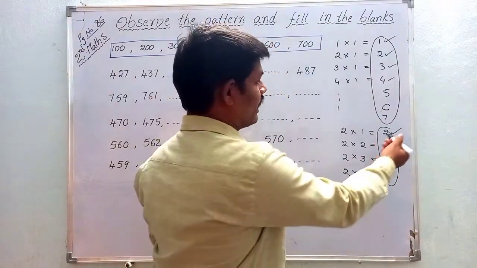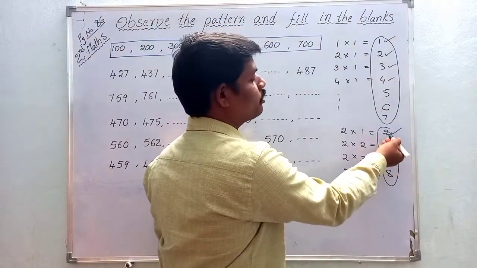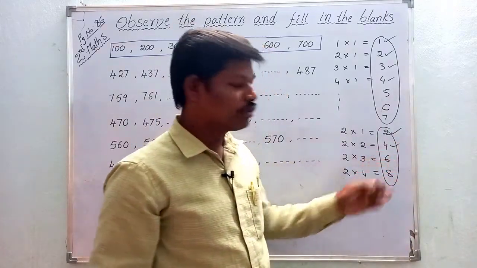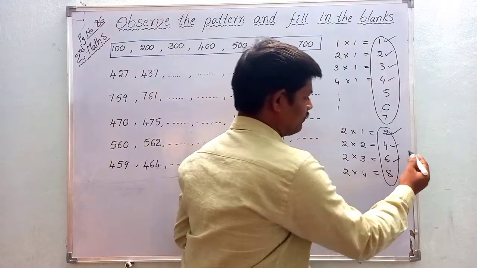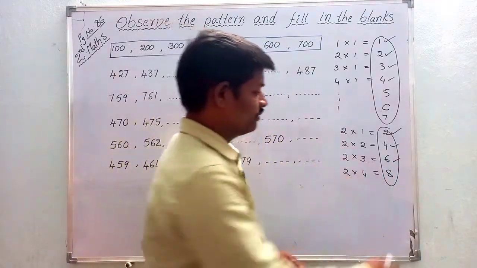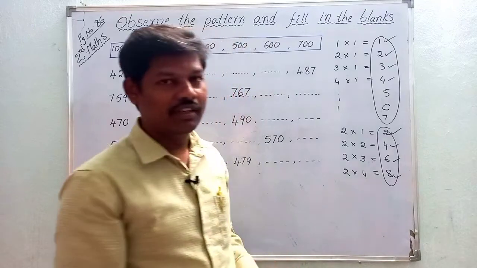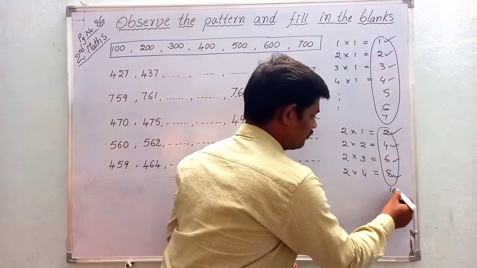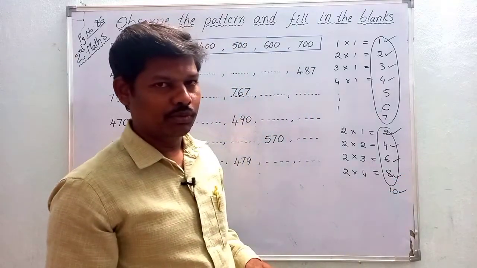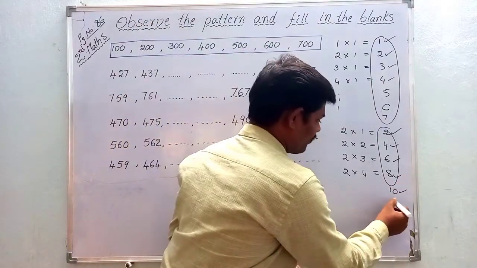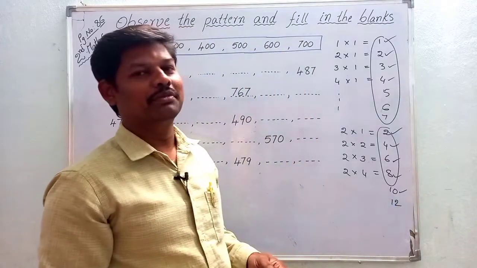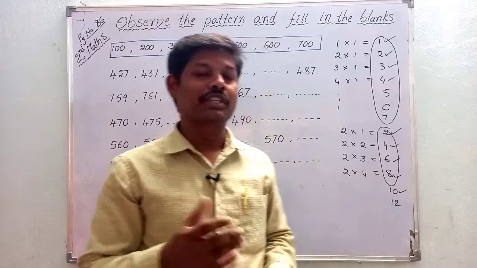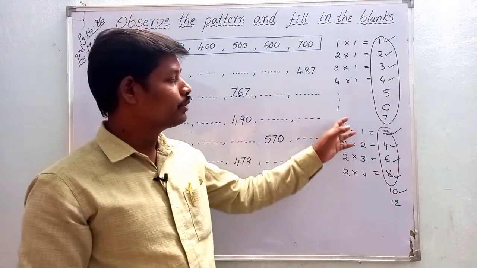Then 2 twos, that means 2 plus 2, we get 4. 4 plus 2, 6. 6 plus 2, 8. 8 plus 2, 10. 10 plus 2, 12. 12 plus 2, 14. 14 plus 2, 16. So this is the pattern of 2.